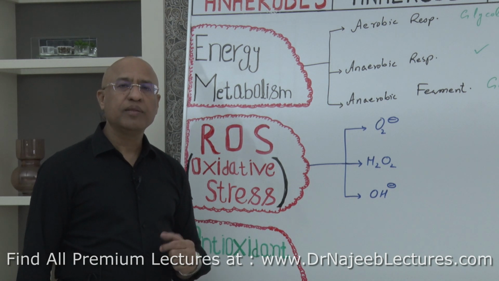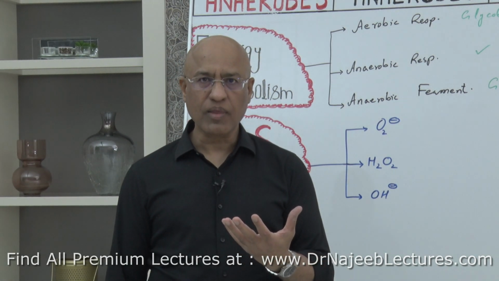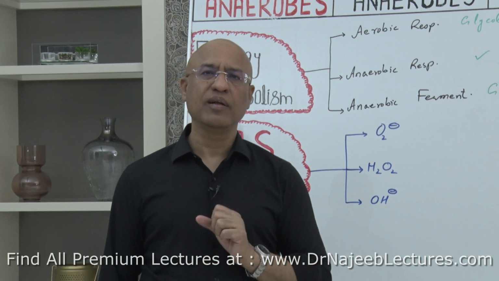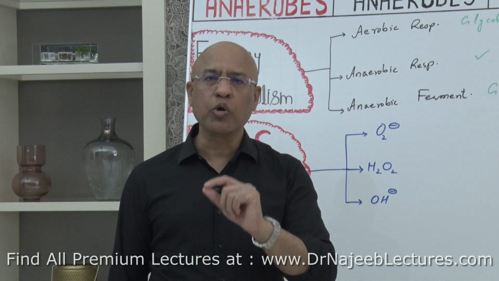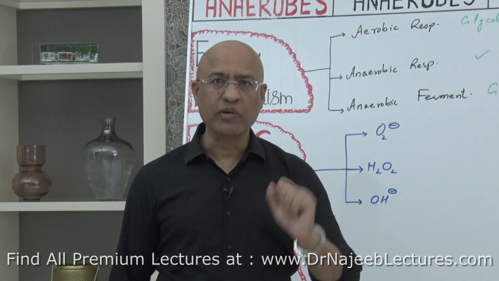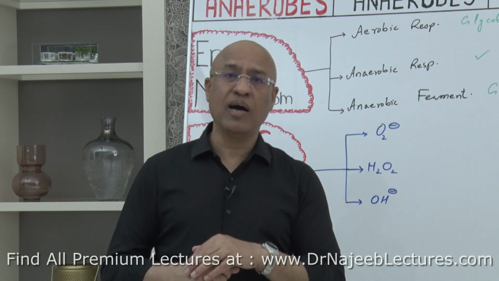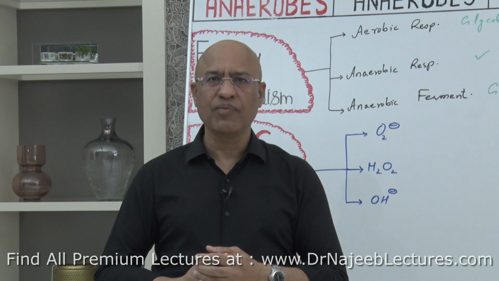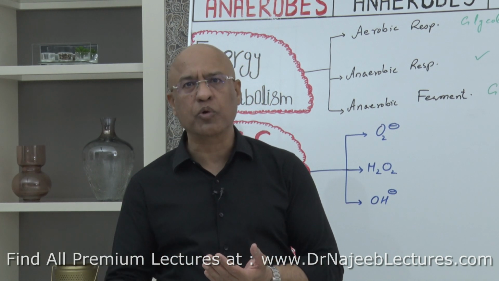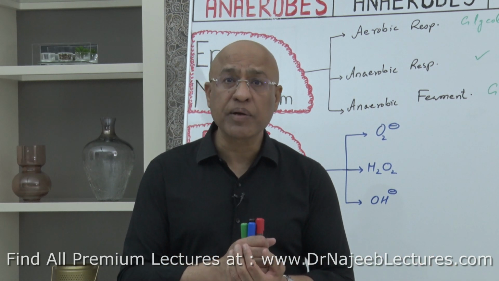So when bacteria face oxygen, there is one good thing and one bad thing. The good thing is that if bacteria have an aerobic metabolic pathway for energy production, they will produce a lot of energy. But the negative thing is that when bacteria are exposed to oxygen, reactive oxygen species are produced which can damage DNA, RNA, proteins, fatty acids, and the bacterial membranes.